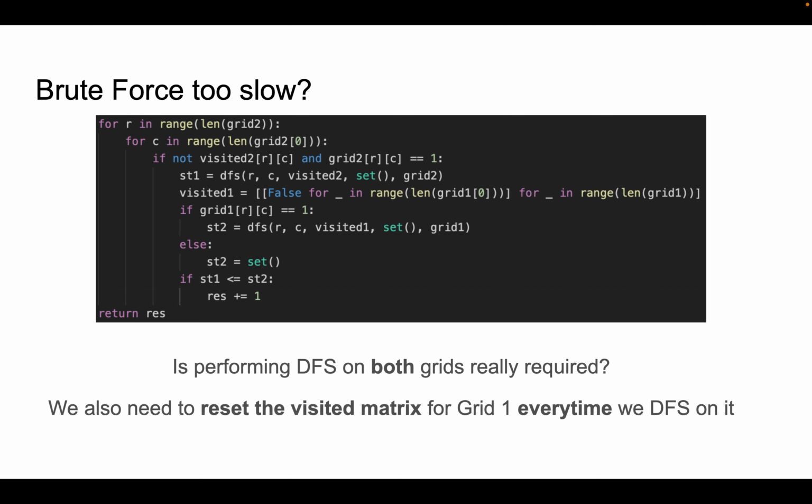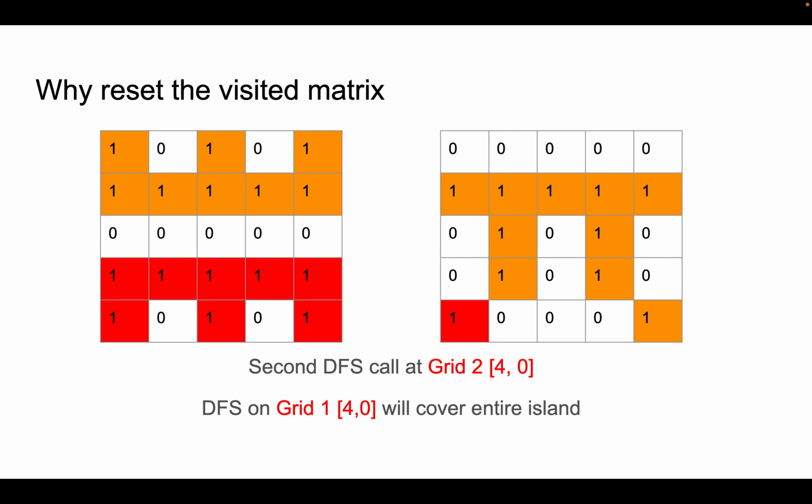However, is this really a very optimal approach? We are performing DFS on both grids, as you can see through the code snippet here. Is that really required? Moreover, in one of the lines in the code, we need to reset the visited matrix for grid 1 every time we depth first search on it. Let's understand why.